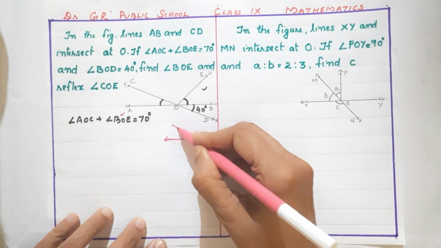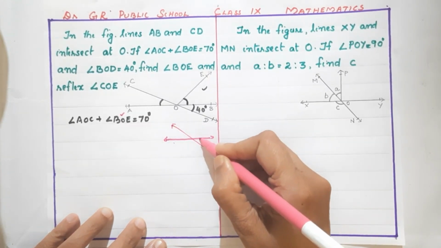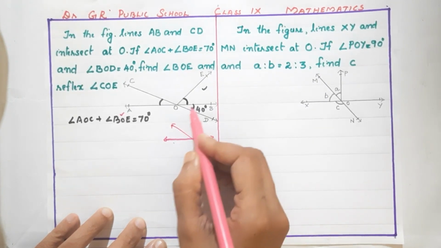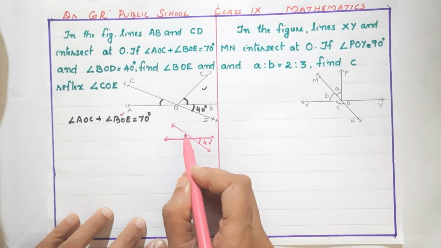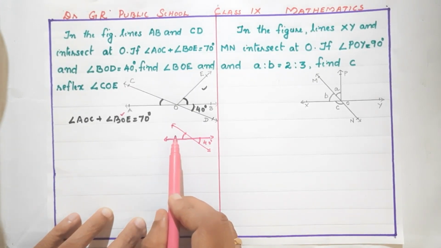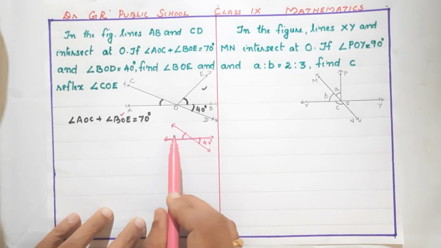Then CD is also another line. If this angle is given as 40 degree, how will you say this measurement? Yes, that is also 40 degree. Reason? They are vertically opposite angles.